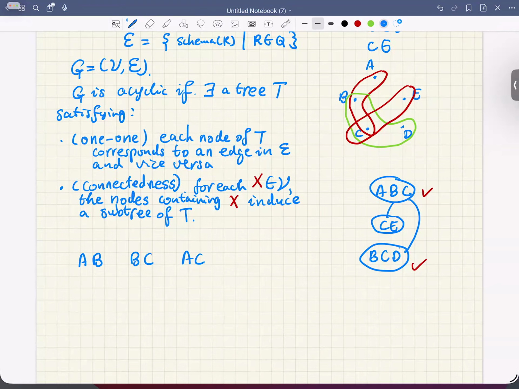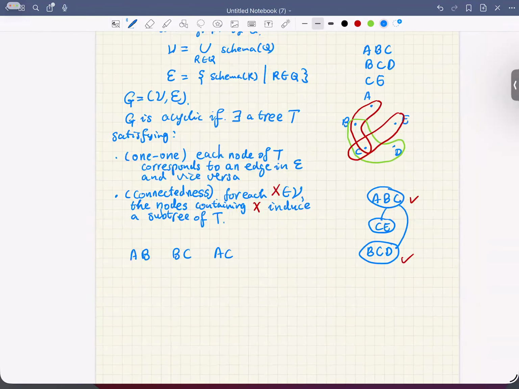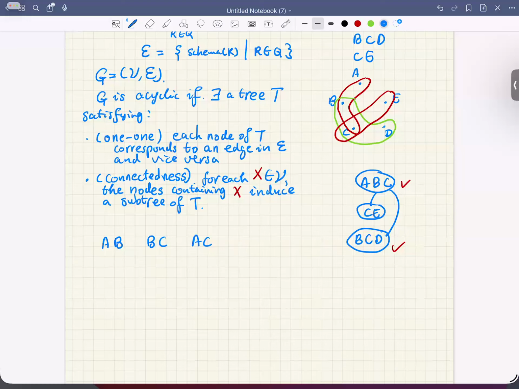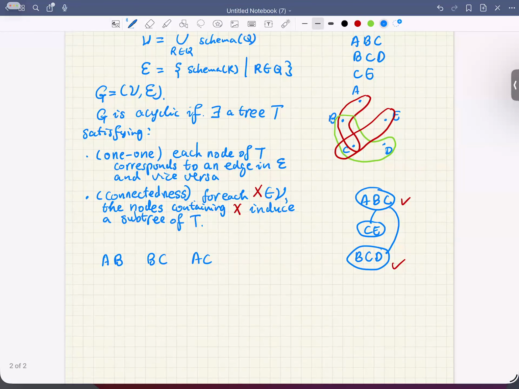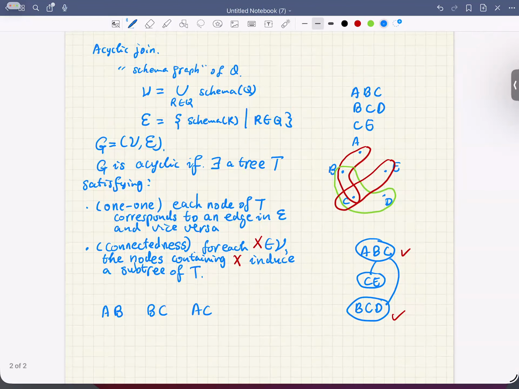Good, very nice. So now we will probably finish in another 15 or 20 minutes. Here comes the last part of today's talk. By the way, with the acyclic graph concept being clear, we can now define formally what an acyclic join versus a cyclic join is.